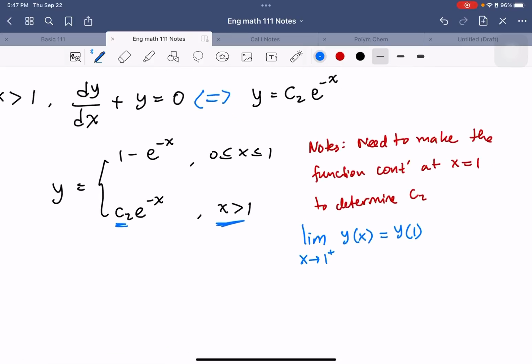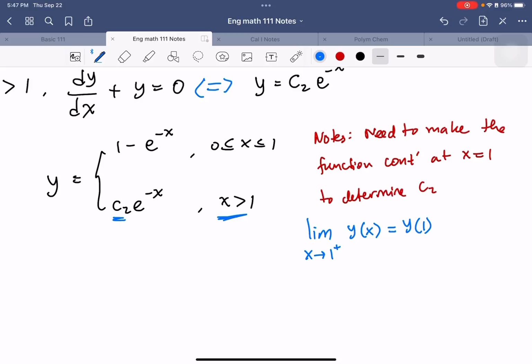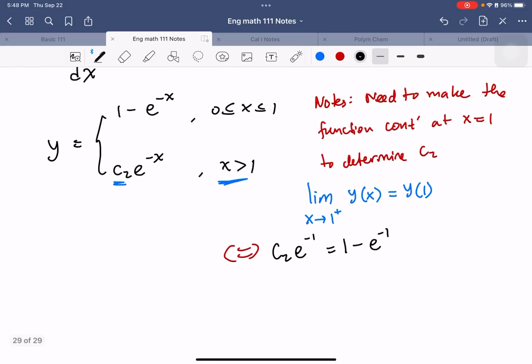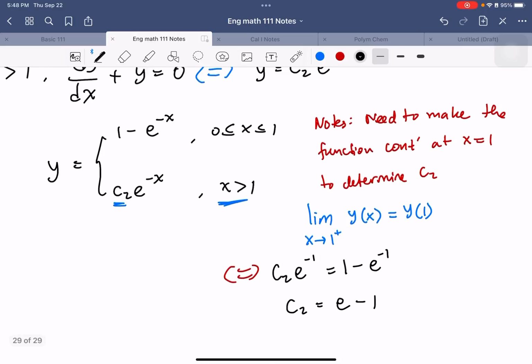This implies that C2 e to the negative 1 equals 1 minus e to the negative 1, or we simply divide by e to the negative 1, and this will be e minus 1. So it's like in calculus 1. We need to make these two statements equal to make the function continuous.